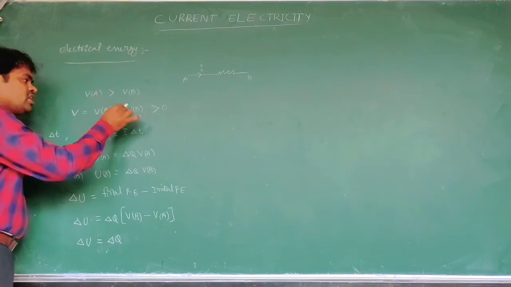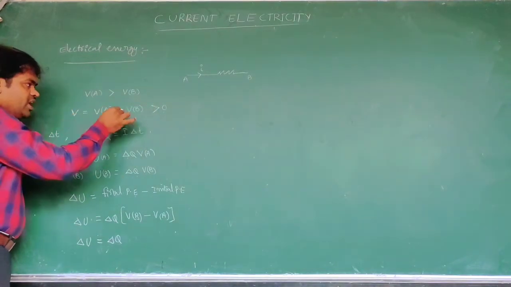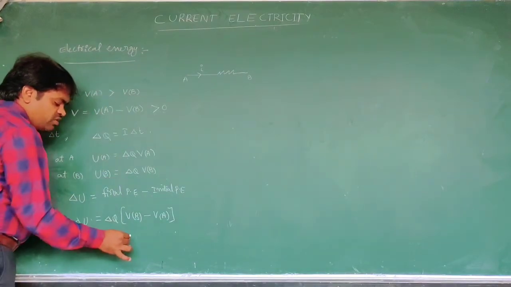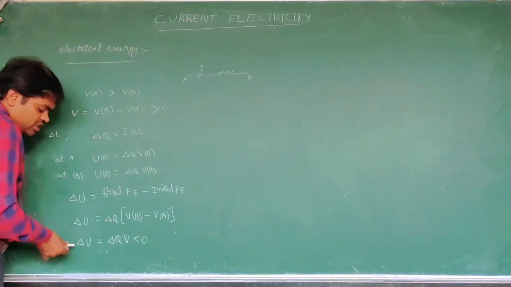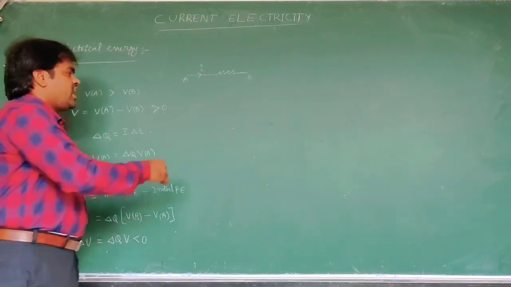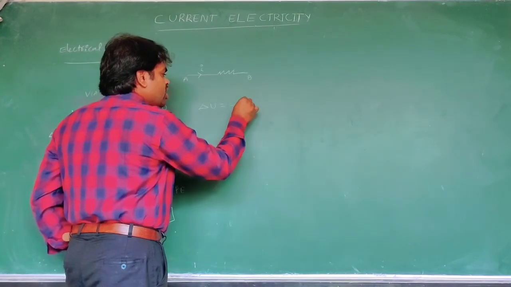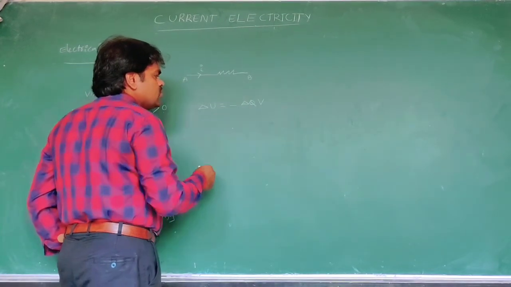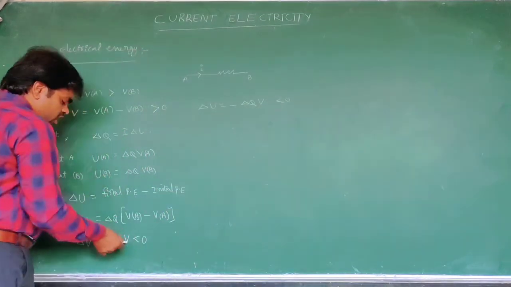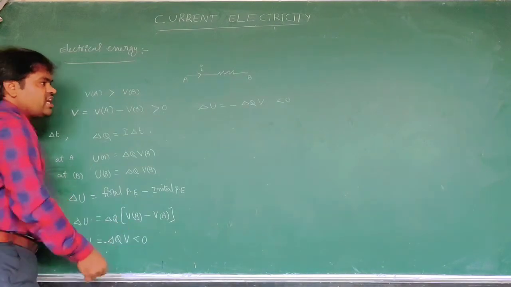V of A minus V of B is greater than 0, that is V. But V of B minus V of A is less than 0, that is minus V. That means the change in potential energy is negative. Then we write delta U equals minus delta Q into V, which is less than 0.